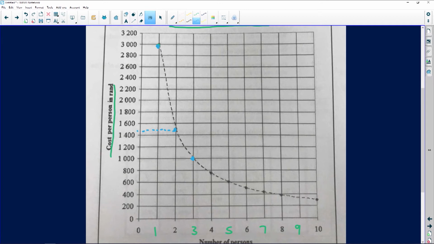Normally, if you want to see what type of relationship it is or what type of proportion it is, you need to see what happens as X increases. I told you I'm a bit messy when it comes to graphs.